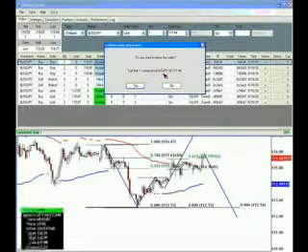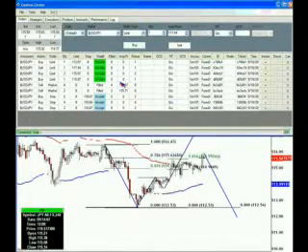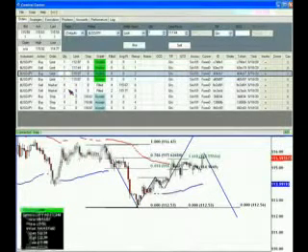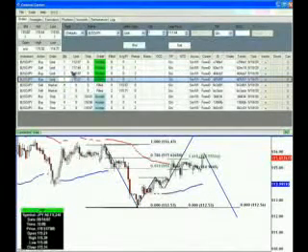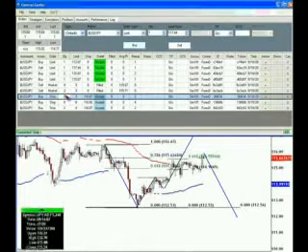Do you want to place this order? Sell 1, yes. And now you see it's working. So there's the buy limit. There's the sell limit, which is taking profit. And then here's the buy stop for the stop and reverse on the Japanese yen.